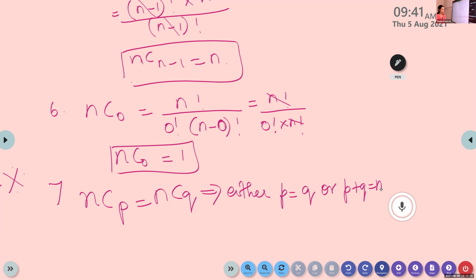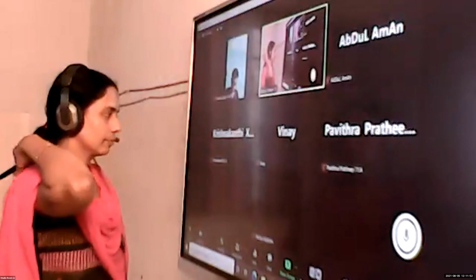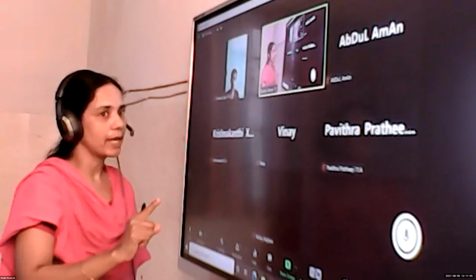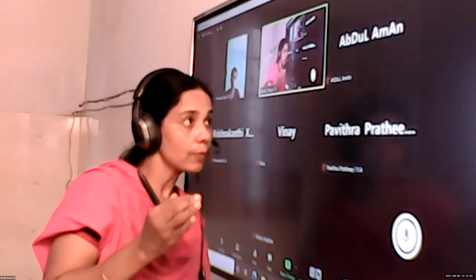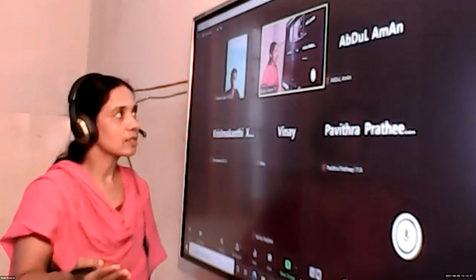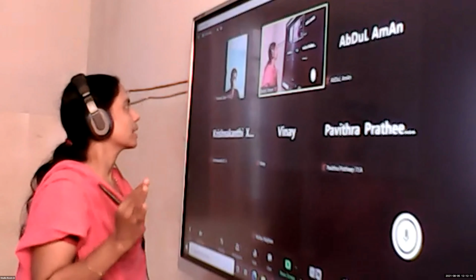Then the eighth property is also an important one. nCr will be equal to nC(n minus r). That is the eighth property.